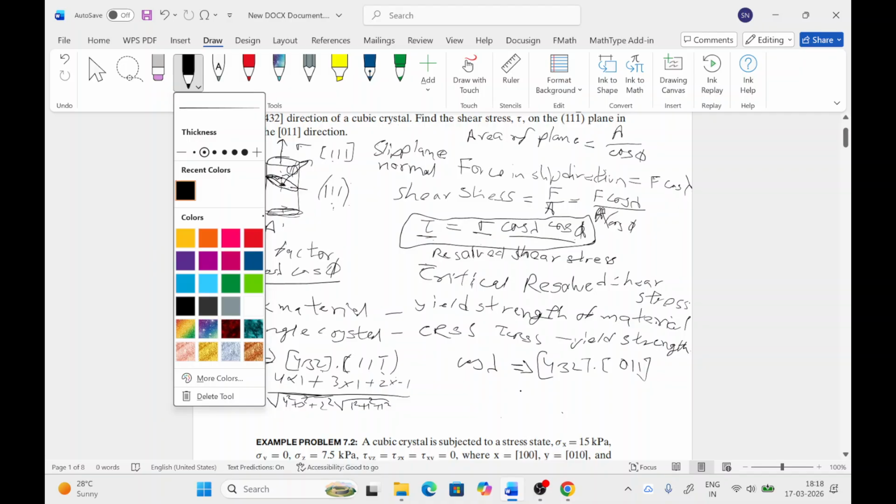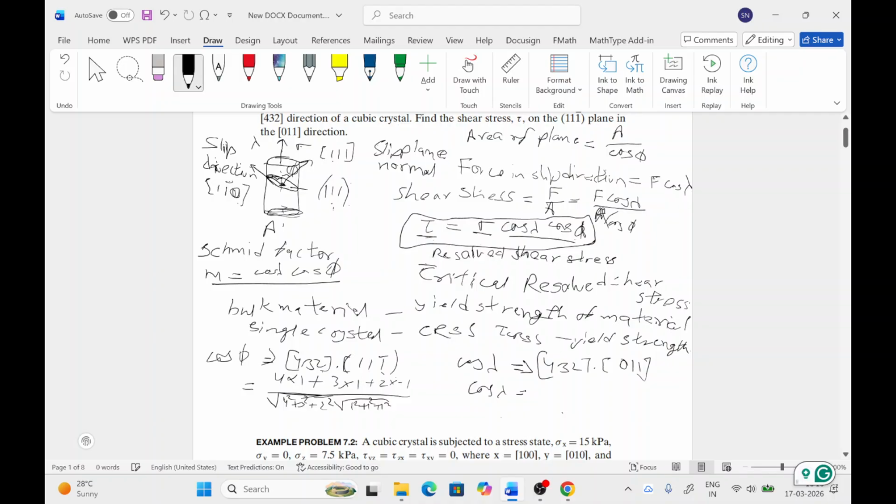Okay. So cos lambda will be 4 into 0 plus 3 into 1 plus 2 into 1, divided by the square root of 4 square, 3 square plus 2 square, multiplied by the square root of 0 plus 1 square plus 1 square.